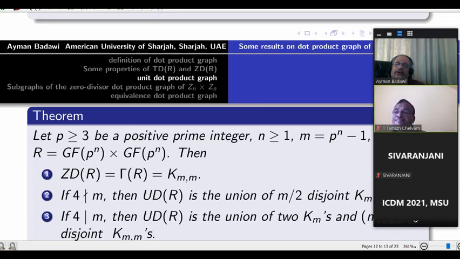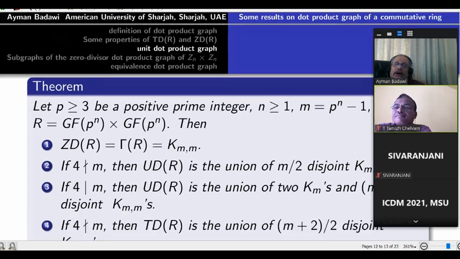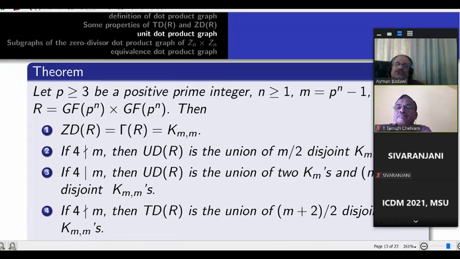So here is a product of two finite fields. When the prime was 2, you did not see restrictions like 2 or 3 or 4. Here we have to be careful whether 4 is a factor of m or not. And remember, m is p to the n minus 1.